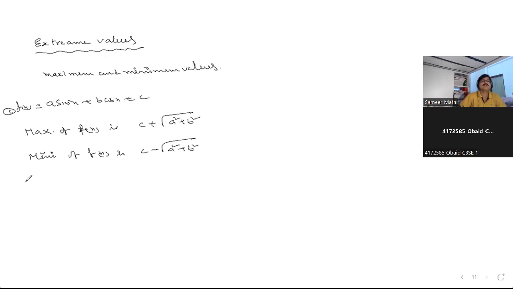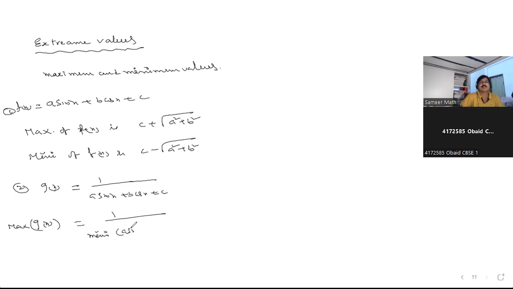Now, if I set here, that is what some g of x will do. 1 by the same a sin x plus b cos x plus c. So, if I write here g of x, the max of g of x is nothing but 1 by the minimum of this one, a sin x plus b cos x plus c. What is the answer here?